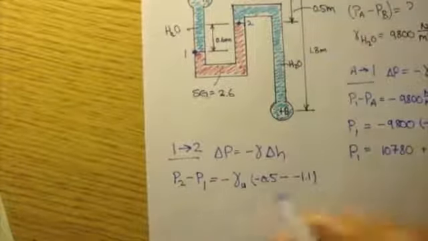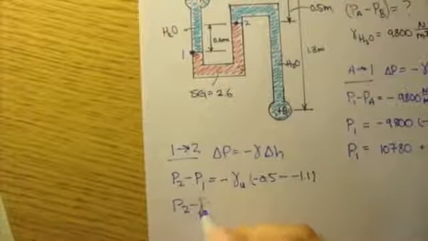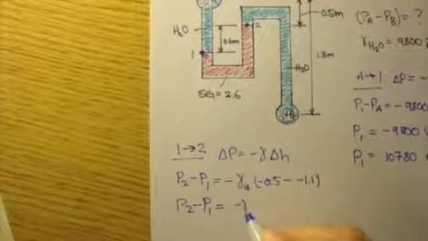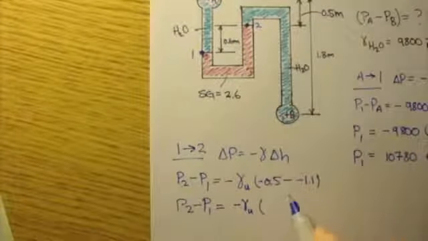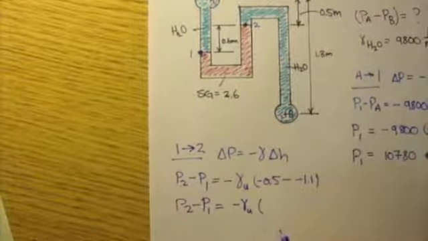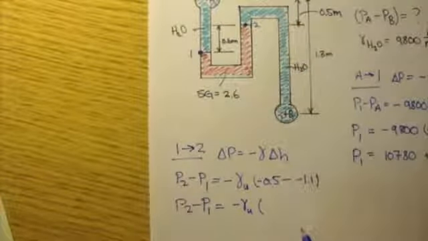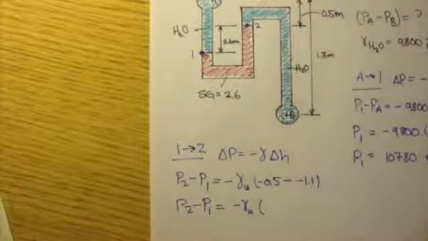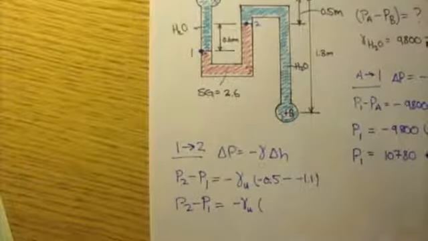And this should give us P2 minus P1 is equal to negative gamma U times the change in height.